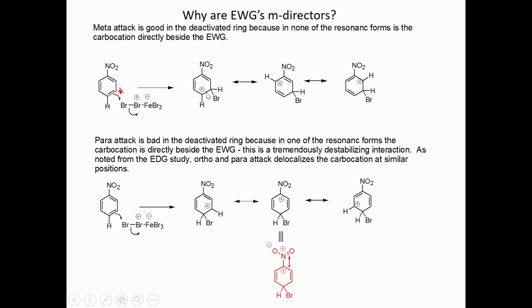And notice how, relative to this position that I've asterisked, we see the positive charge delocalized over to the ortho-para positions relative to this position right here. And, okay, all right, so that positive charge is ortho to that bromine. That's what I mean when I say relative to this, okay? All right, but really, it's meta relative to the nitro group. Okay, all right, so look here.